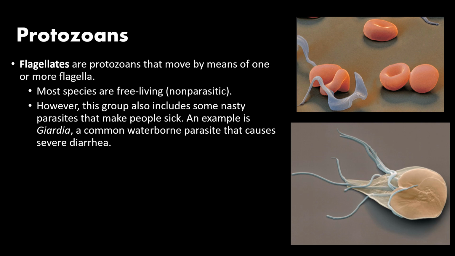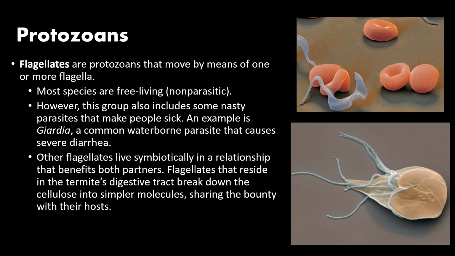The bottom picture is going to be of Giardia, which is a common waterborne parasite that will give people severe diarrhea. So you're not supposed to drink unfiltered water, like from a lake or stream, because you could get severe diarrhea. There are other flagellates that will live symbiotically with other organisms.